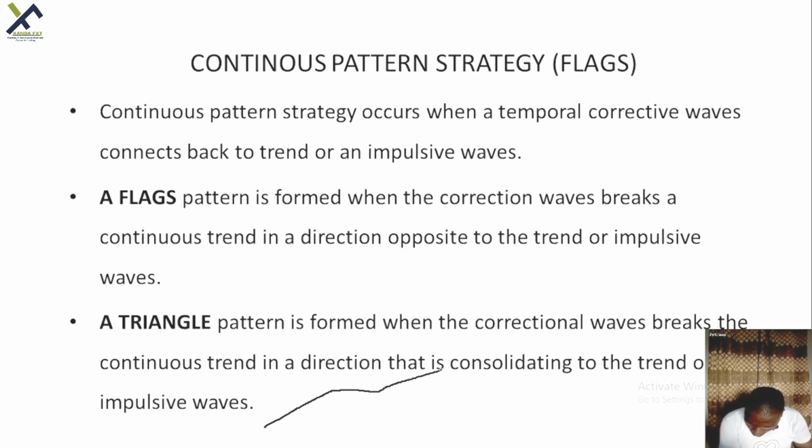Then it continues with uptrend again, consolidation, uptrend again. This consolidation here is the corrective wave. When the corrective wave in the consolidation trend reconnects back to the impulsive wave, it is called the triangle pattern. Now let's go to the chart and see how they form.